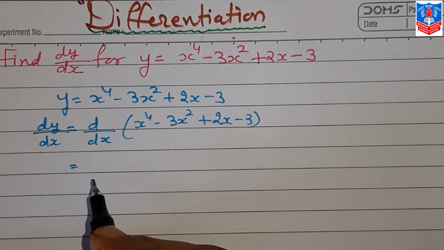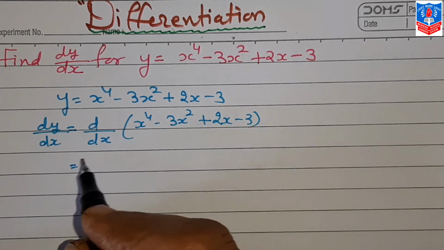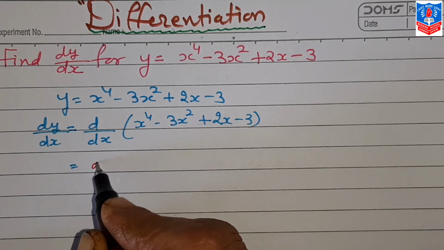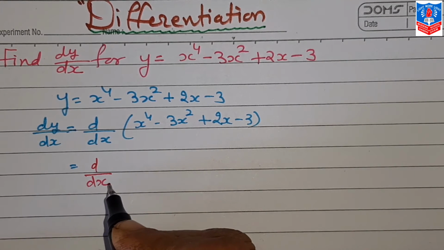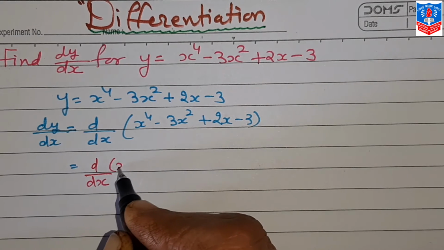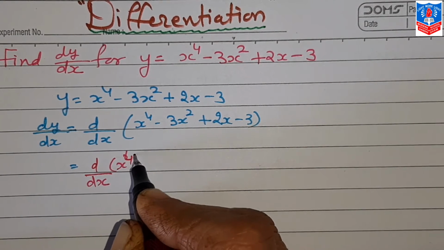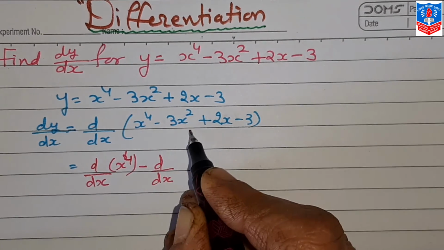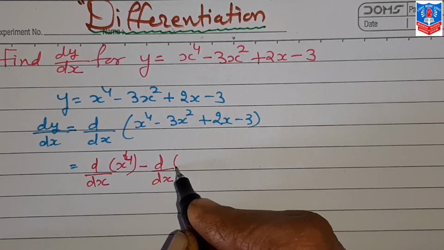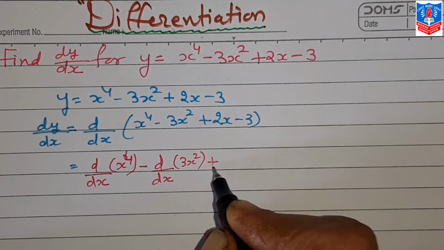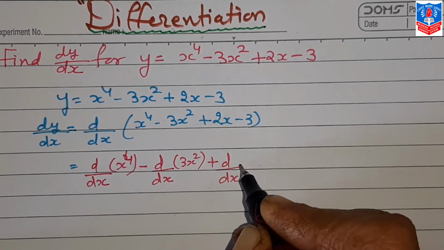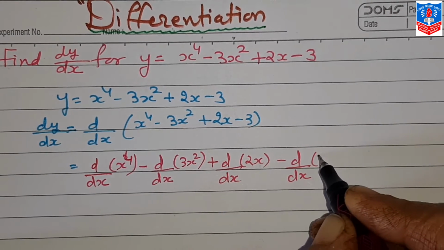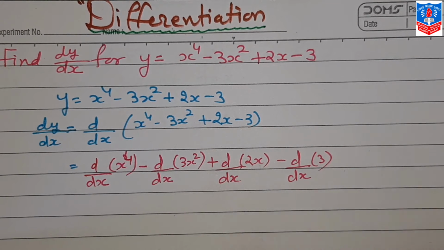Now we write individually because these all values are of y only. So what we will do is, d upon dx we will write each value separately: d upon dx x raised to 4, minus d upon dx 3x square, plus d upon dx 2x, minus d upon dx 3. Okay.